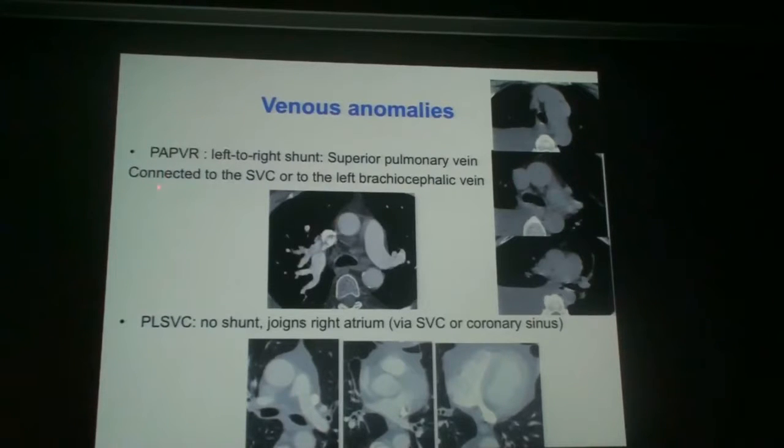And on the right side, this is the connection of the pulmonary vein to the SVC. And in the left lung, it is the connection of the pulmonary vein, usually the venous drainage of the upper lobe, to the brachiocephalic vein, as shown here.